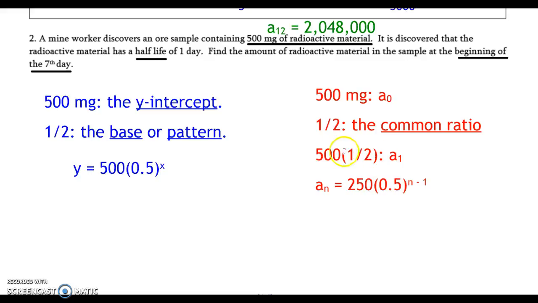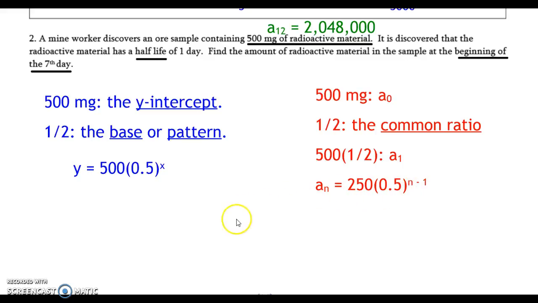The only reason I had to do this calculation was to find the first term, A sub 1. I couldn't use 500 milligrams in my sequence formula because A sub 0 doesn't make sense in terms of a sequence, but A sub 1 does. A sub 1 is the thing that we use to build the whole sequence. So we take 500 times 1/2, we get 250. And then 0.5 is that common ratio, and n minus 1 is the exponent.